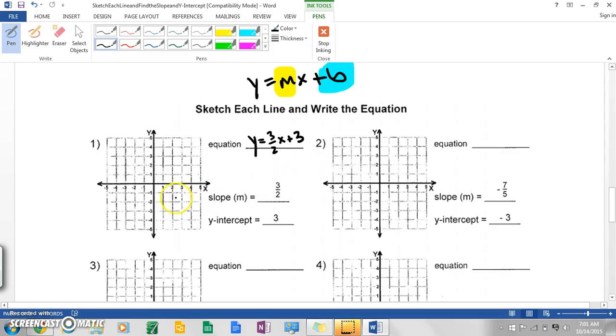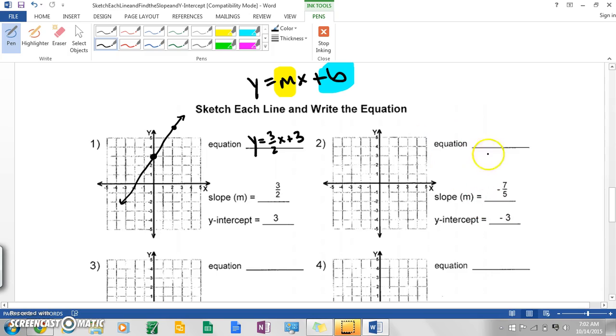Okay, so now we can use our y-intercept of 3. And use our slope is 3 over 2. Up 3, 1, 2, 3 over 2. Okay, very simple. Our equation, we can just use our slope and our y-intercept again, y equals mx plus b.